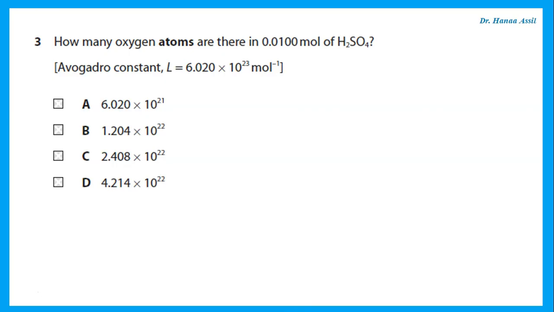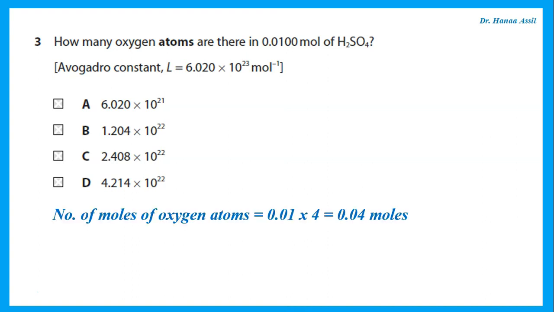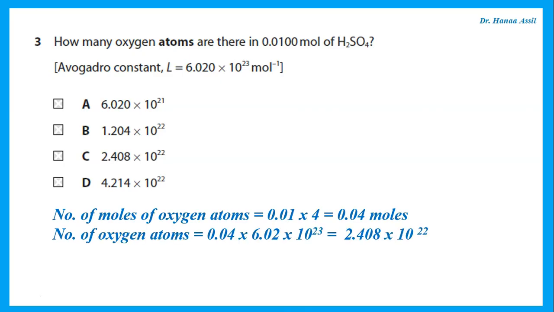So if I want the number of oxygen atoms, the number of moles is 4 times the number of moles of the sulfuric acid. And to get the number of atoms, how do we get number of atoms? The number of atoms is the number of moles times the Avogadro constant. So this is the answer.